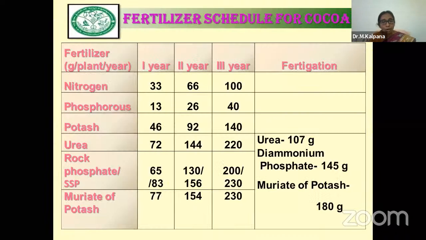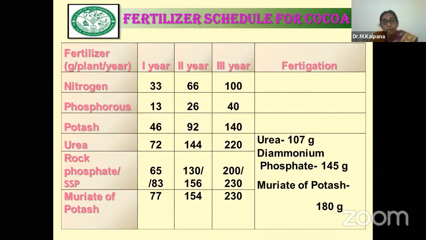So from the third year onwards, in AP conditions, we have to supplement nutrients: urea around 250 grams, single superphosphate 250 grams, and muriate of potash around 250 grams from the third year. If it is a heavy bearing plant, you have to give around 500 grams of urea, then 500 grams of single superphosphate, and 500 grams of muriate of potash.